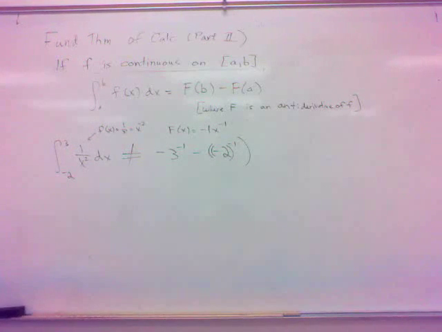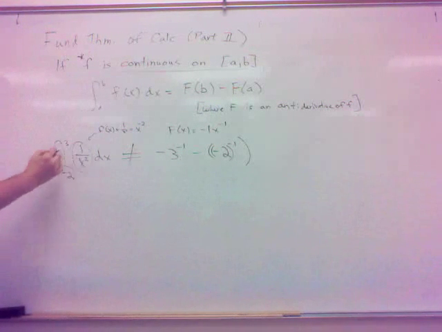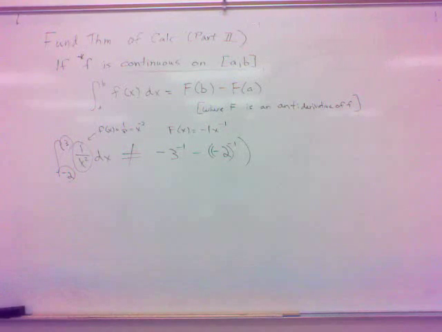And it's because of that first qualification right here. What do we note about this function over these limits? It's not continuous at 0. Between -2 and 3, we've got a discontinuity, don't we? At 0, x can't be 0 here. So there's not a continuous function from -2 to 3.